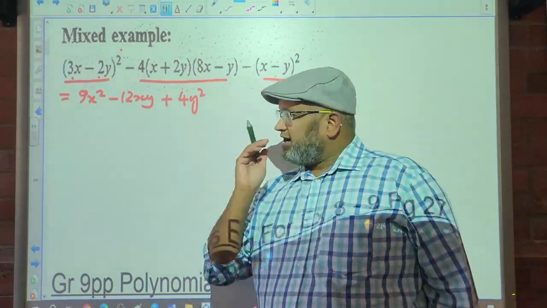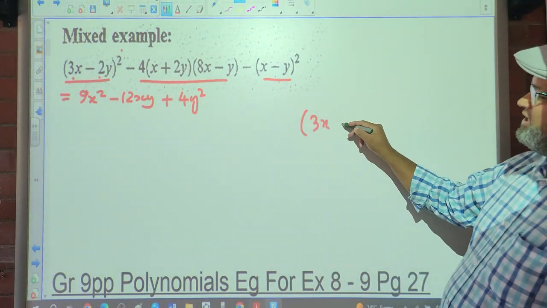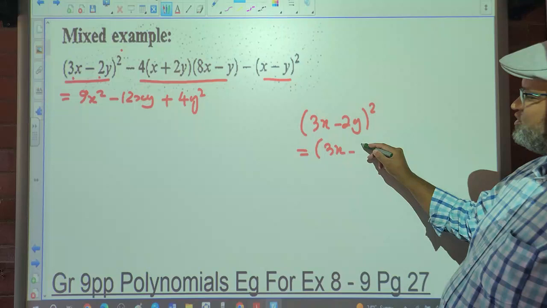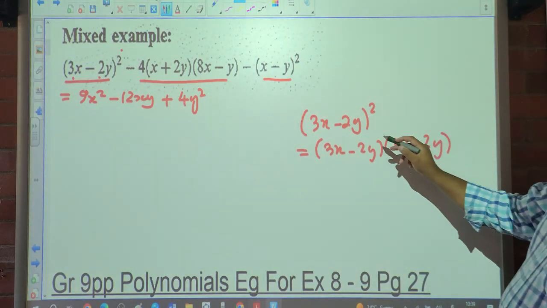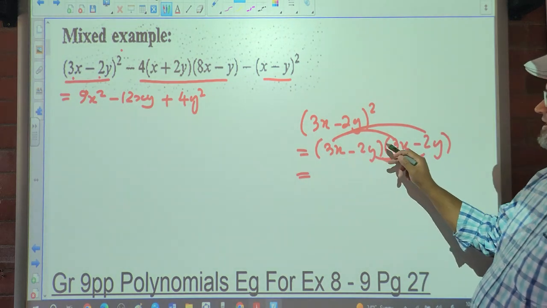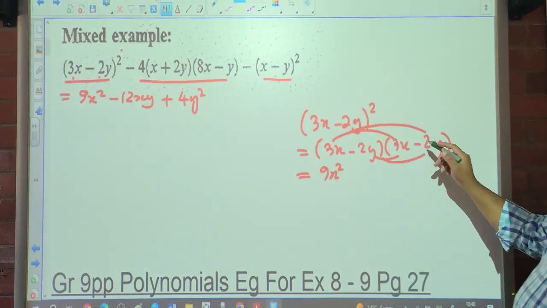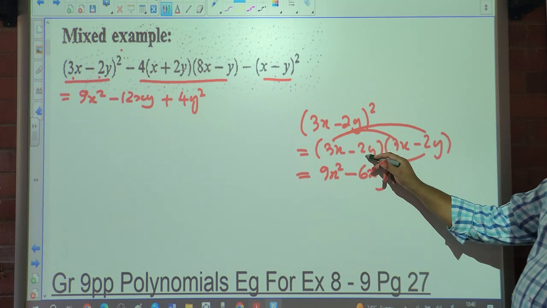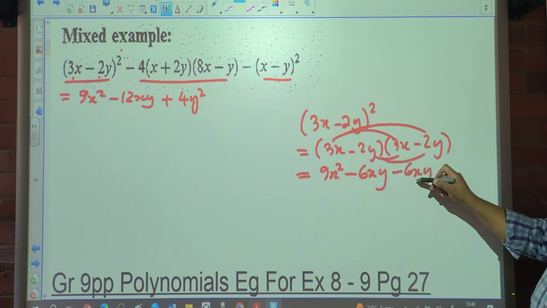Okay, some of you find it a bit confusing. What you can do is write it out twice. So you get 3x minus 2y into 3x minus 2y. Then we do the multiplication. 3x times 3x is going to give you 9x squared. 3x times negative 2y, negative 6xy. Negative 2y times 3x, negative 6xy.